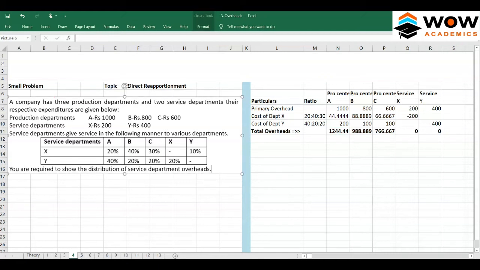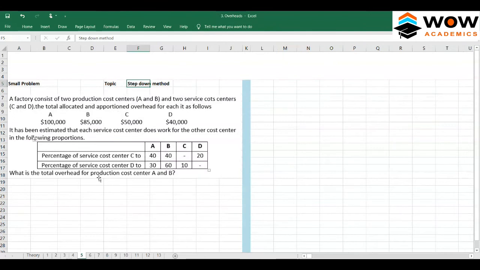The next sum is called the step down method. Step down is a new method, so let's see how it works. A factory consists of two production cost centers A and B and two service cost centers C and D. The total allocated and apportioned overhead is as follows: 1,85,000, 50 and $40,000.